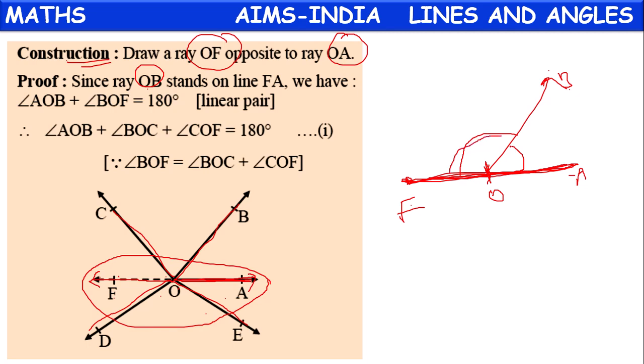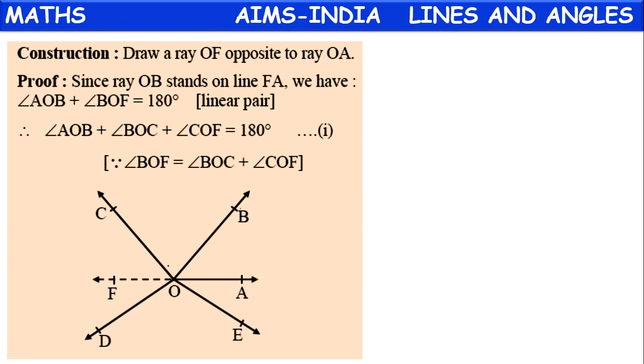These two adjacent angles form a linear pair, so the sum equals 180 degrees. But BOF equals BOC plus COF. So the upper part, these three angles, becomes 180 degrees.